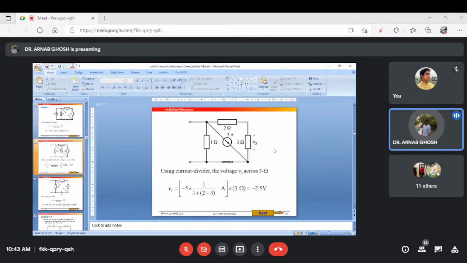Okay, and for this 5 ampere source, you are just considering the current source as 5 ampere, right? So if you calculate the current across this 1 ohm, and multiply it with the 3 ohm resistance, you get minus 2.5 volt.